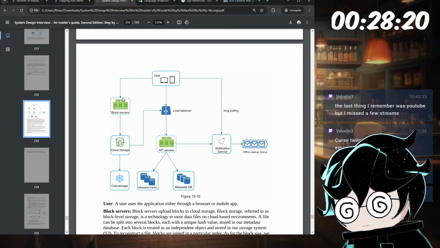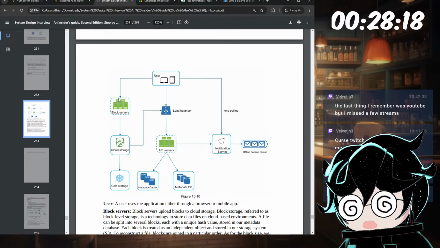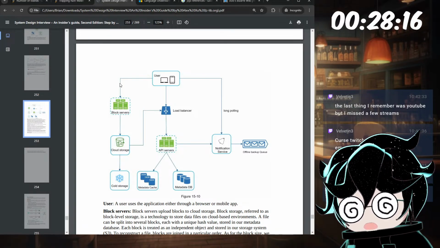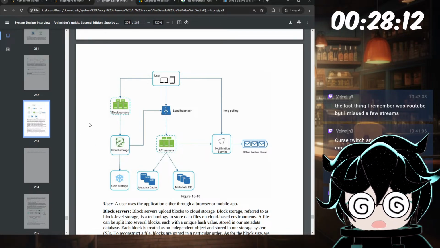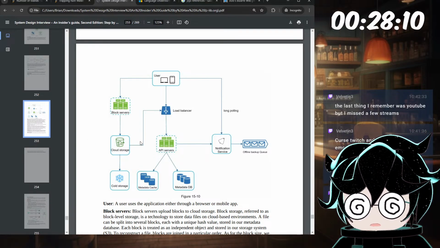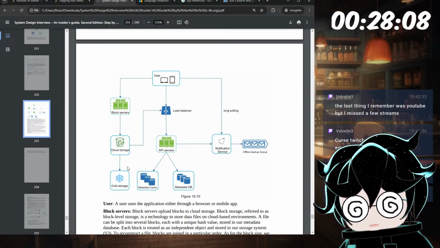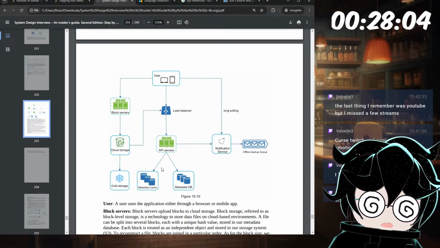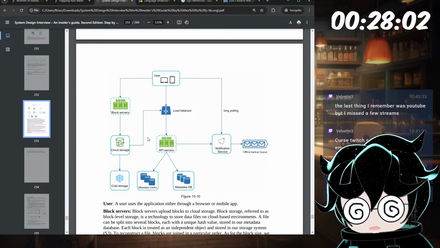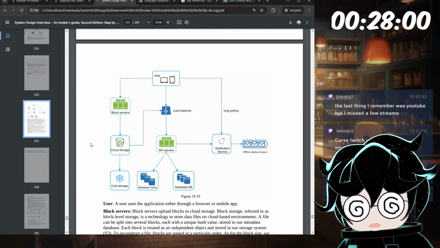And then it uploads all those blocks of your file into cloud storage, possibly Amazon S3, since it supports replication of your files, so it makes it more available. And if one server dies, your file will still be preserved.